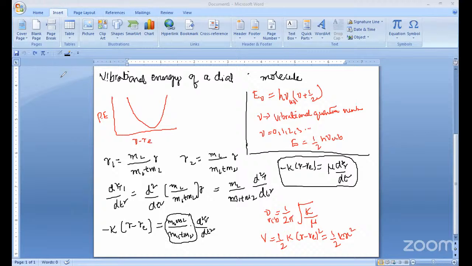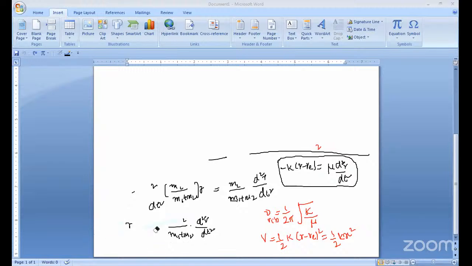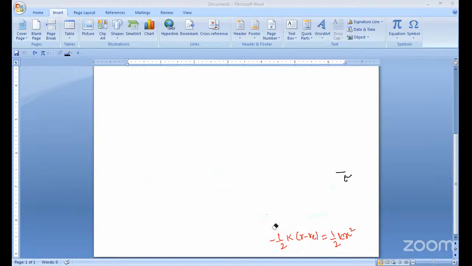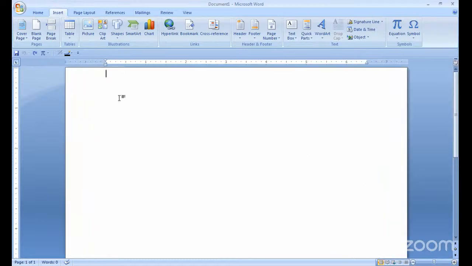We'll see that spectrum in the case of the diatomic molecule, the observed vibrational-rotational spectra.